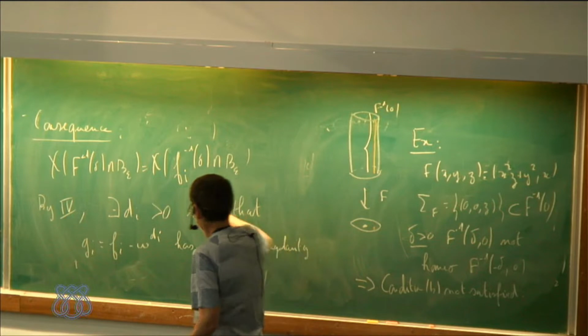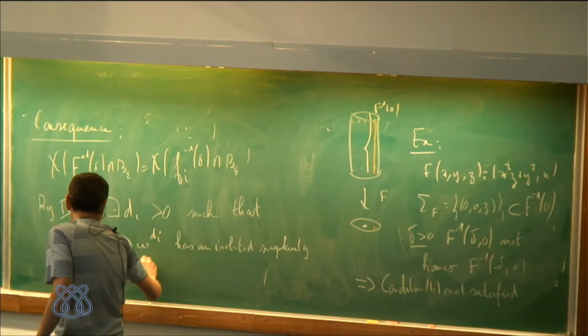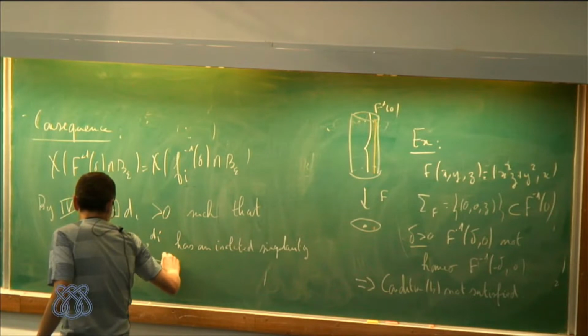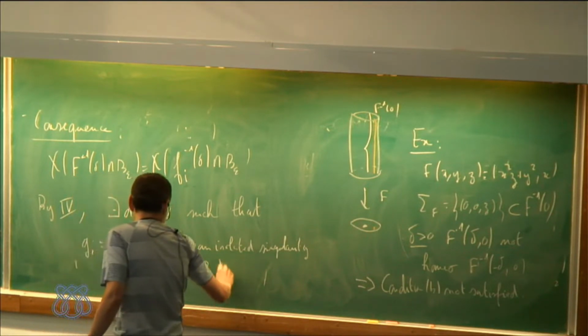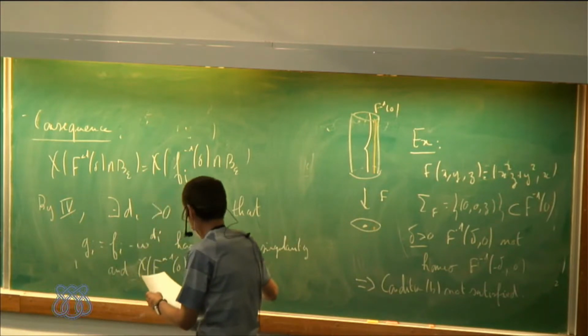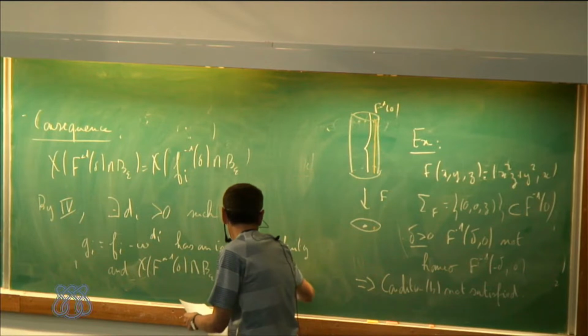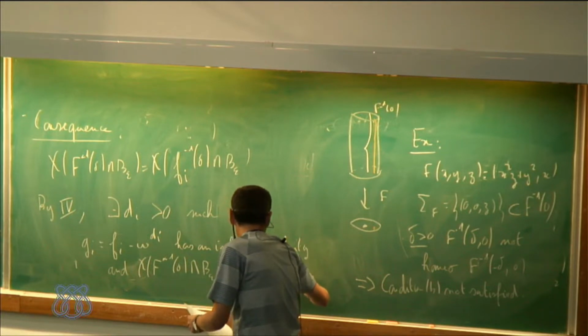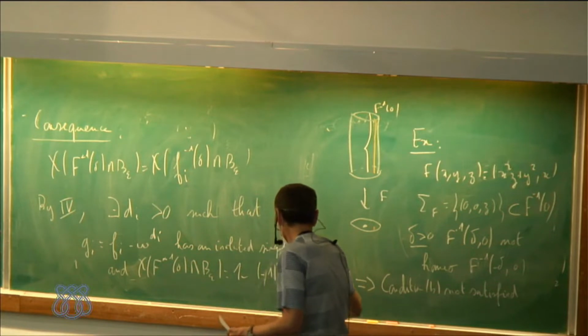And then the Euler characteristic of the Milnor fiber of capital F is just 1 minus (-1) to the n times the topological degree at the origin of the gradient of gi.